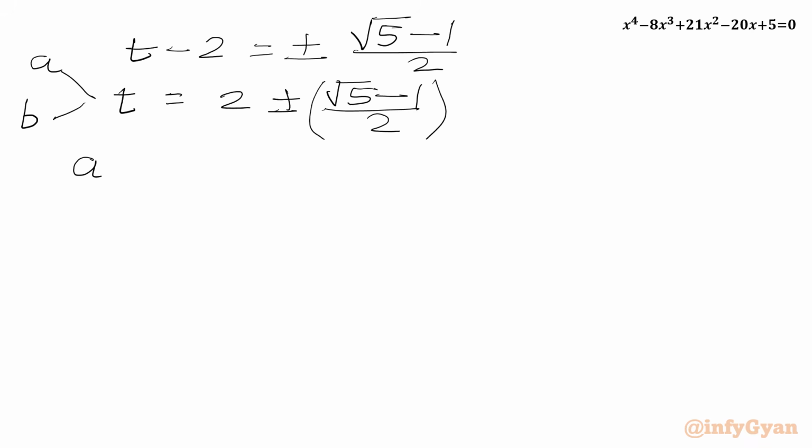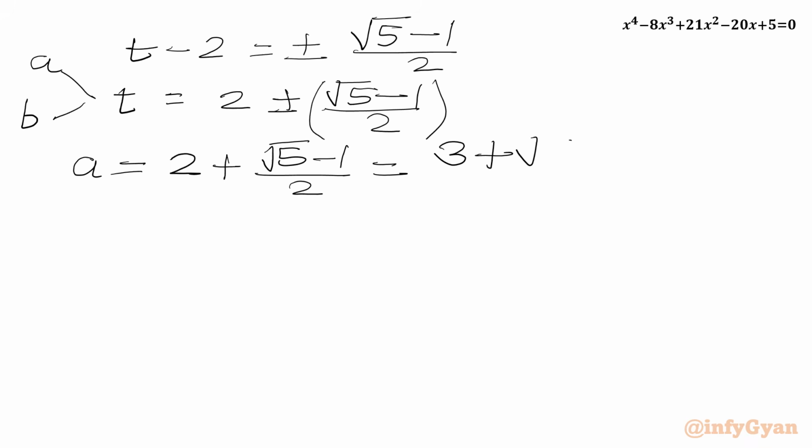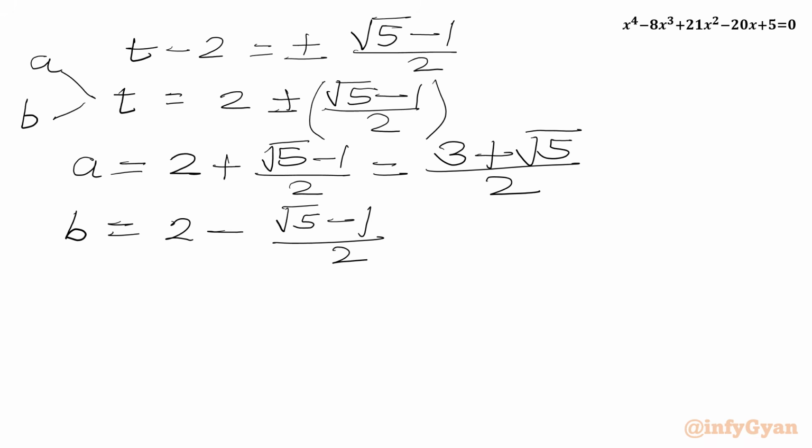So a will be equal to 2 plus (square root 5 minus 1) over 2, which will be equal to, 4 minus 1 is 3, (3 plus root 5) over 2. Now b will be equal to 2 minus (square root 5 minus 1) over 2, which will be equal to (5 minus root 5) over 2.